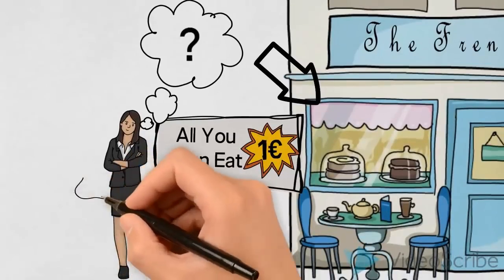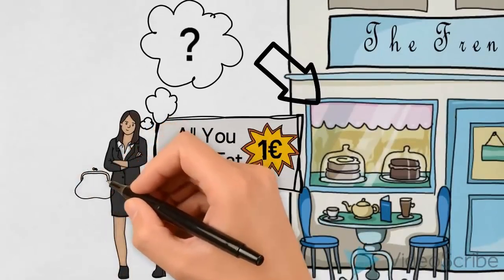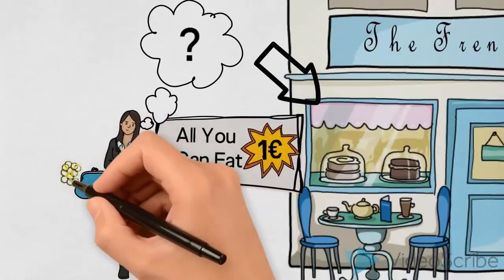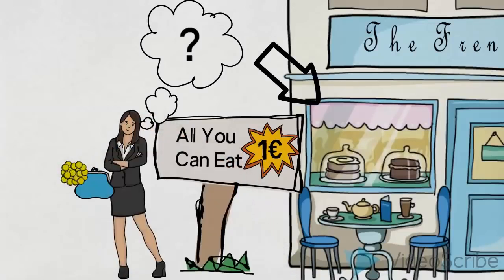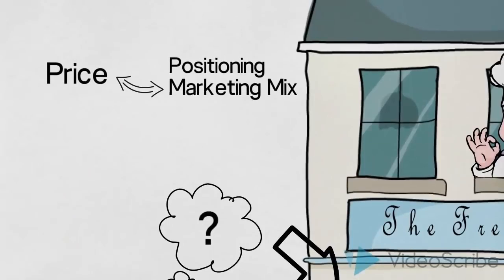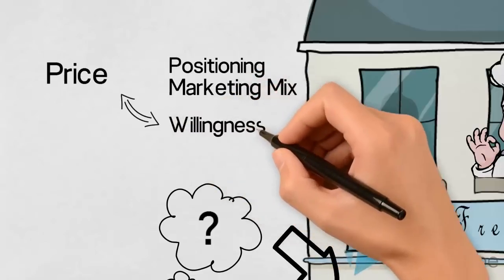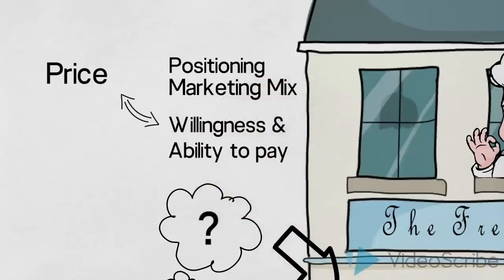Secondly, we need to consider some financial circumstances about our chosen target group. And we need to consider how they are likely to value our goods and services. We need to charge a price which our chosen target group is both willing and able to pay.